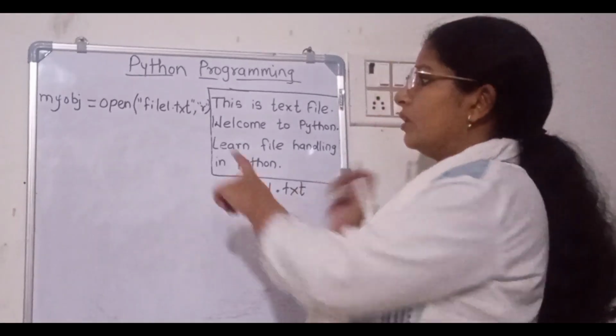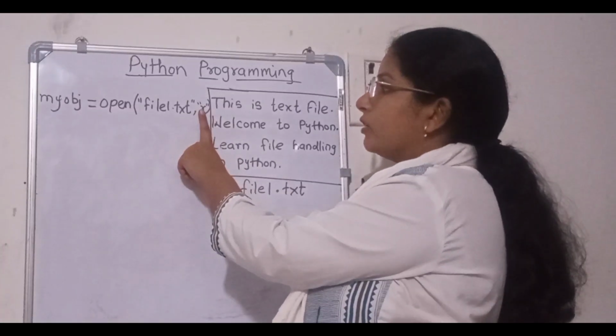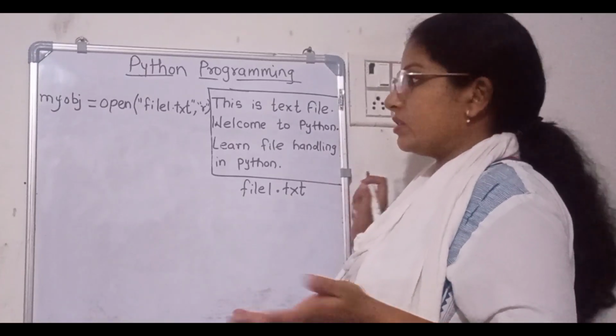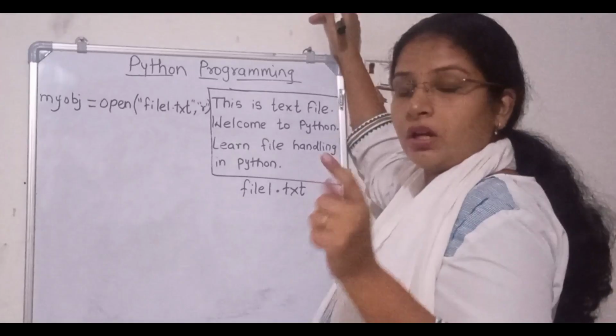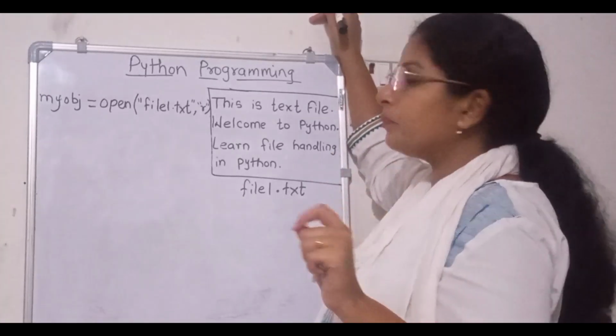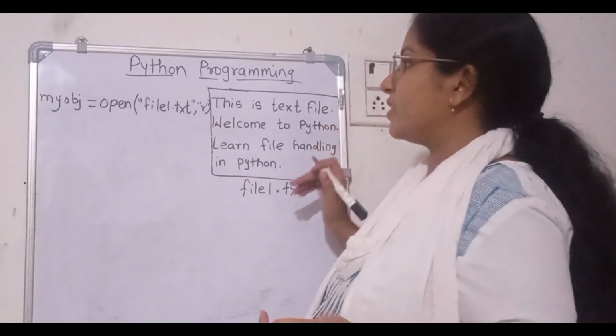This mode should also be enclosed within single or double quotes, so that the compiler will understand. If you don't provide the mode, by default the file will be opened in read mode. But if you want, you can explicitly write the mode as well.